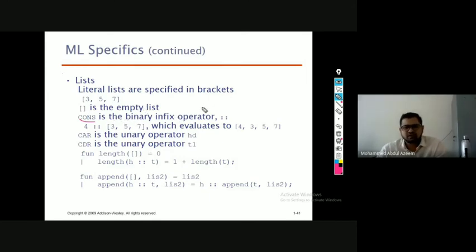And you can use the symbol double colon also for the cons operation here. If I say 4 double colon 357, what happens is this 4 is going to be appended to this list 357, and it is going to generate a list of 4357.